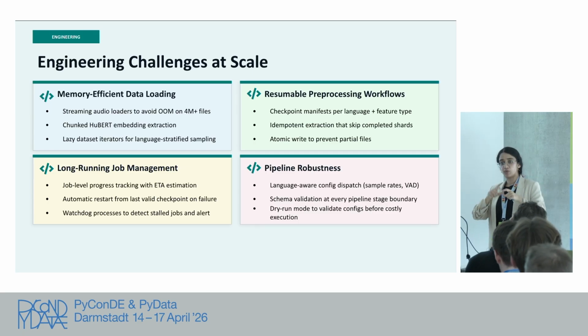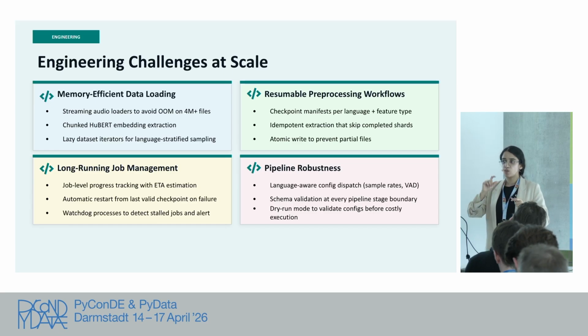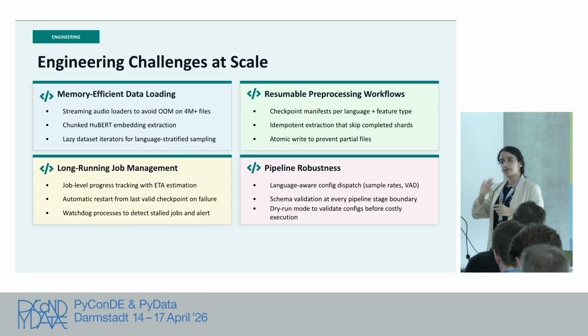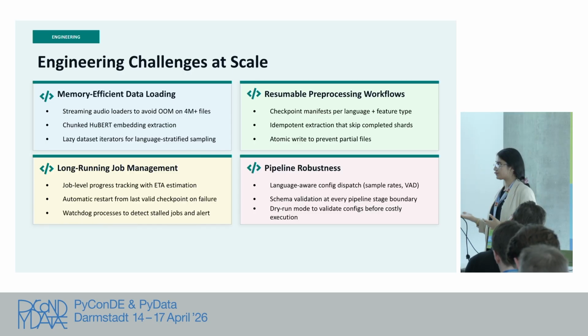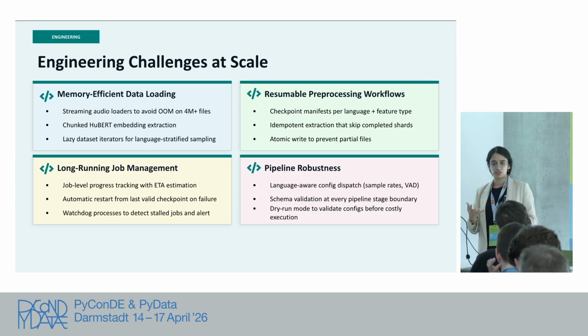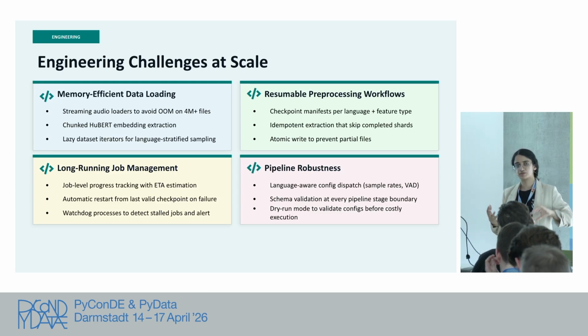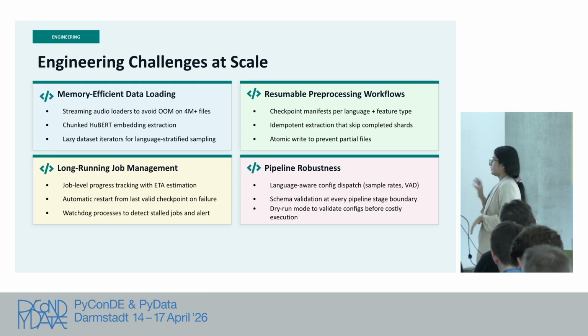Then the model should be able to understand where the silence is coming in, when the other person is not speaking. That is called silence trimming. VAD is one of the algorithms that we use for that, and also making sure that every language is pre-processed through its own configs.